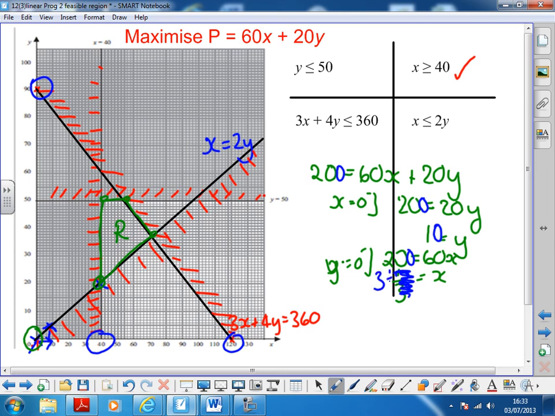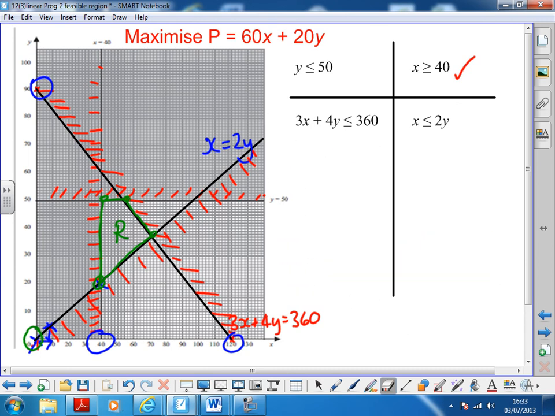I don't like that. We need something that you can divide 60 and 20 by.